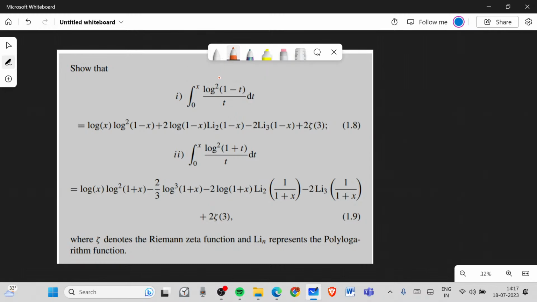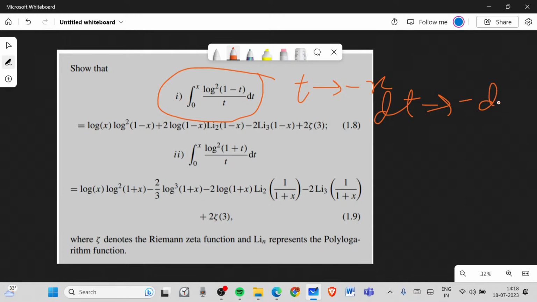Let's see. In this integral, if I put t as minus x, then dt is minus dx, and minus x would get cancelled.